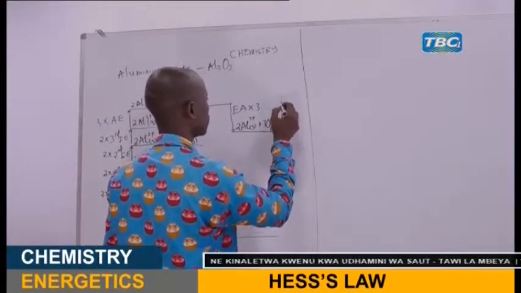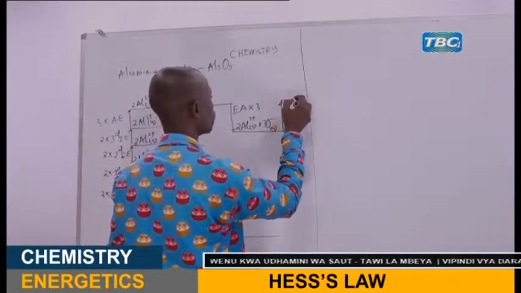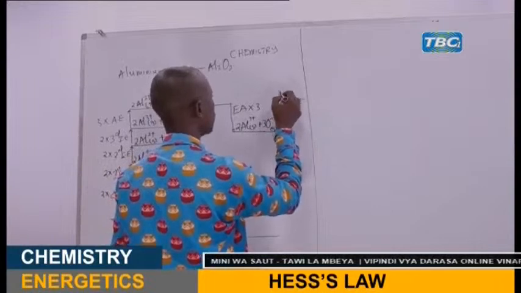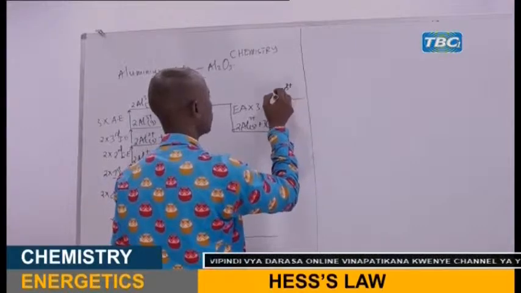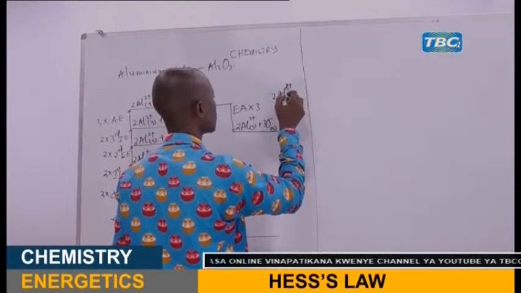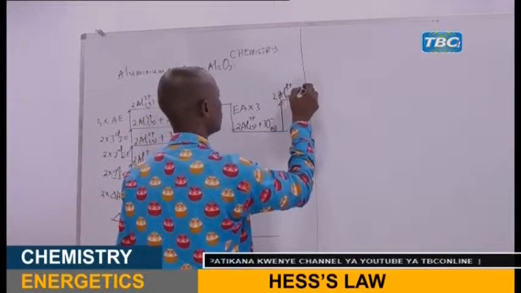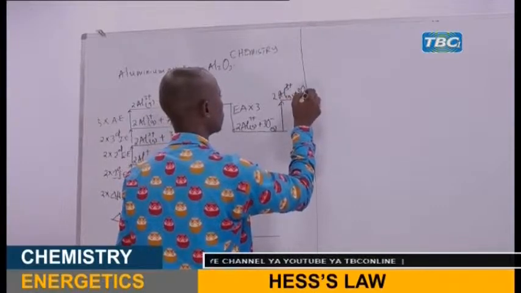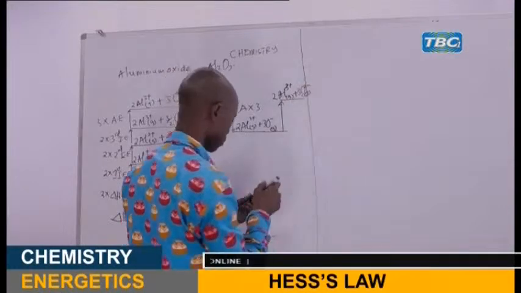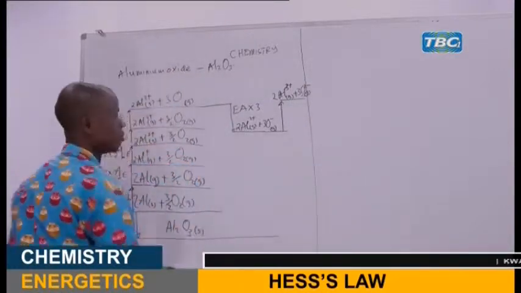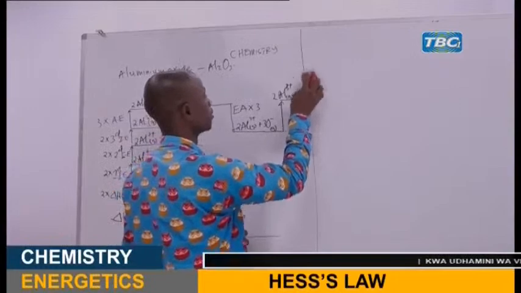So the arrow will point upward this way. From there you write, here you have aluminium 3 ion, 2, this is the gas, plus 3 oxygen. Sorry, my dear students.